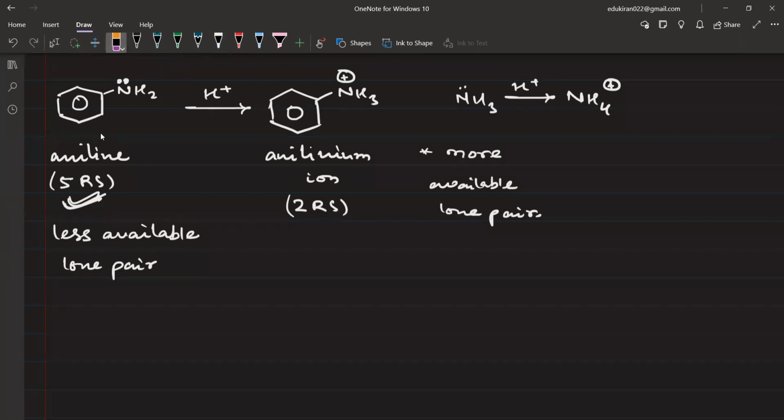So there are 2 reasons, ठीक है ना। एक तो आपका क्या है, more number of resonating structure in aniline than the product anilinium ion, and the less availability of lone pair electron, which makes aniline even less basic than ammonia.